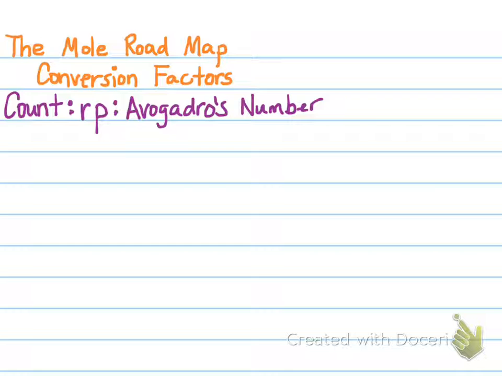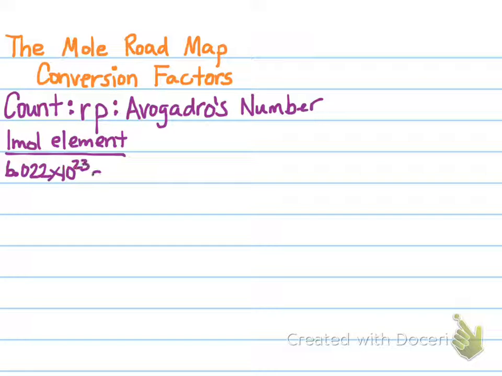There are 3 of these depending upon your substance. I can have 1 mole of element over 6.022 times 10 to the 23rd atoms.